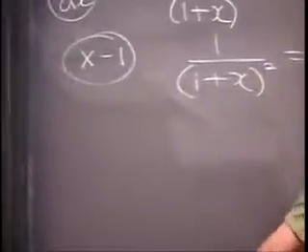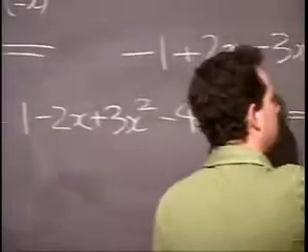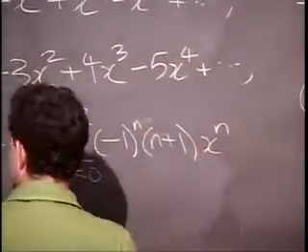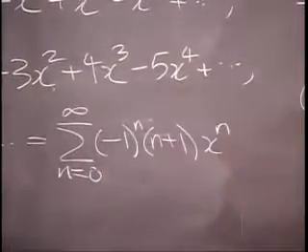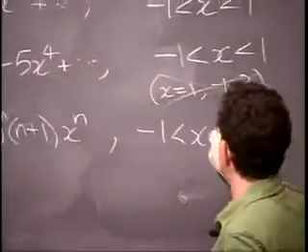It's alternating, so it's negative 1 to the n, and it's n plus 1 times x to the n. And this is true for minus 1 less than x less than 1.